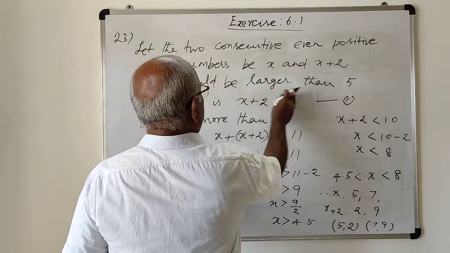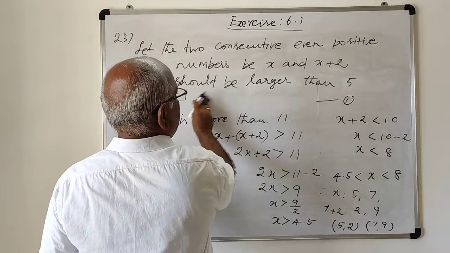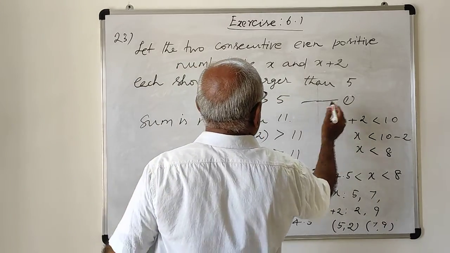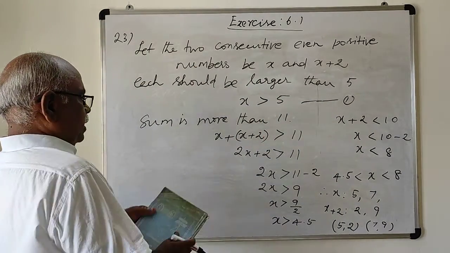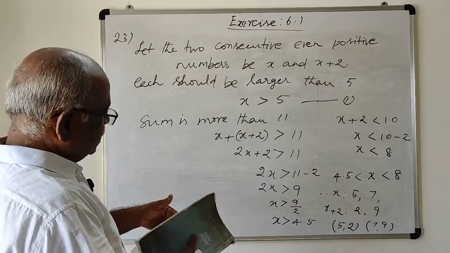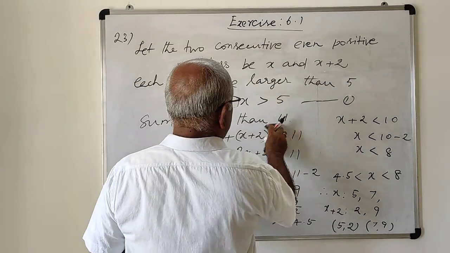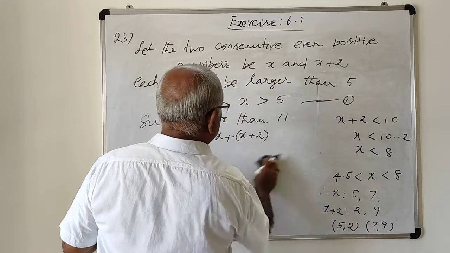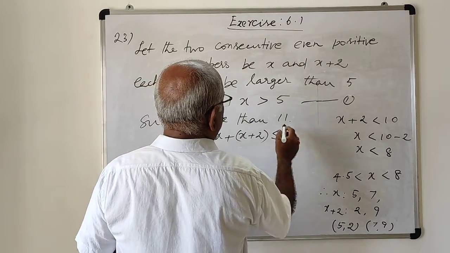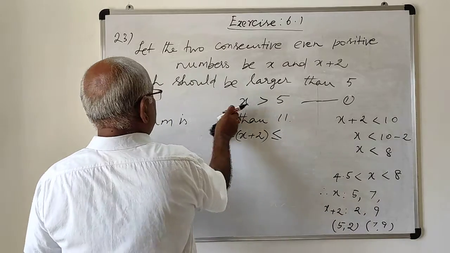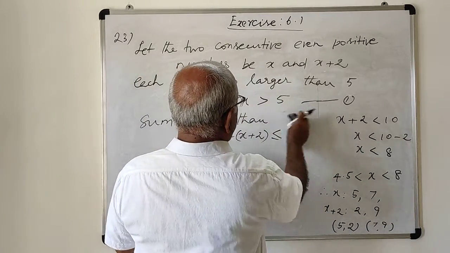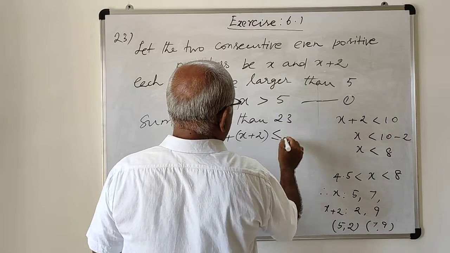So larger than 5 means the smaller number should be greater than 5. X should be greater than 5. This is the equation. And the sum is less than 23.